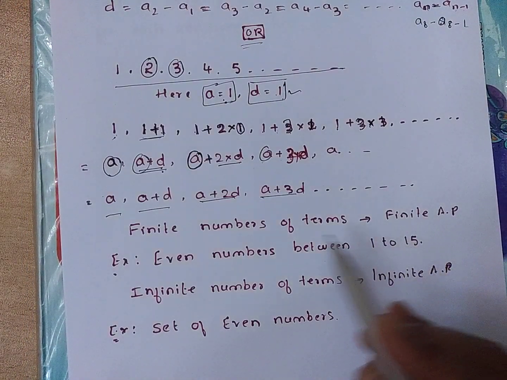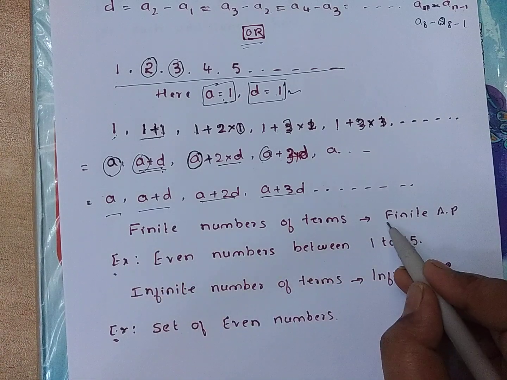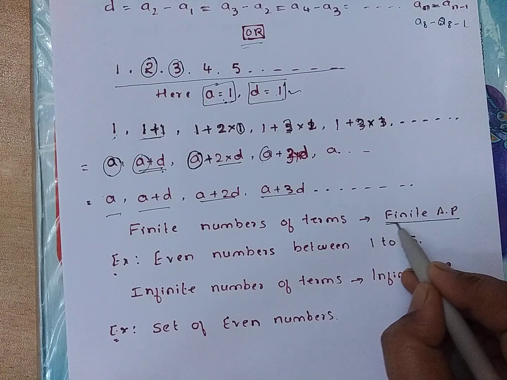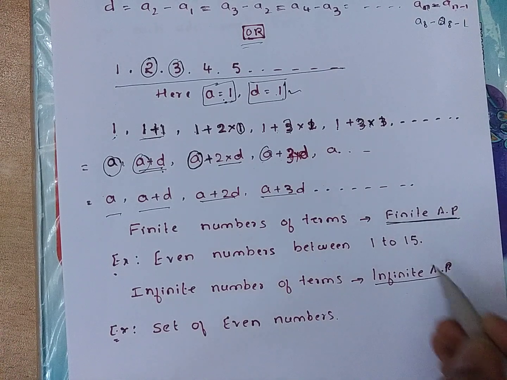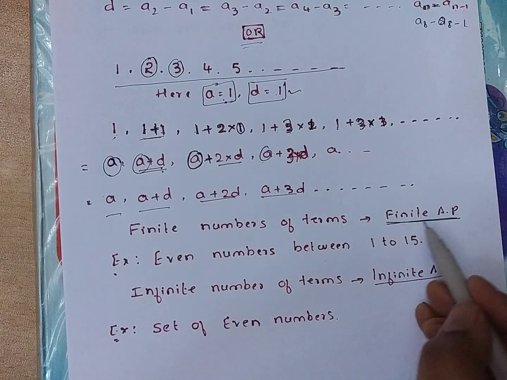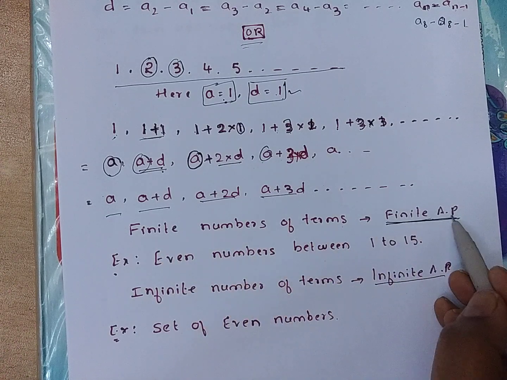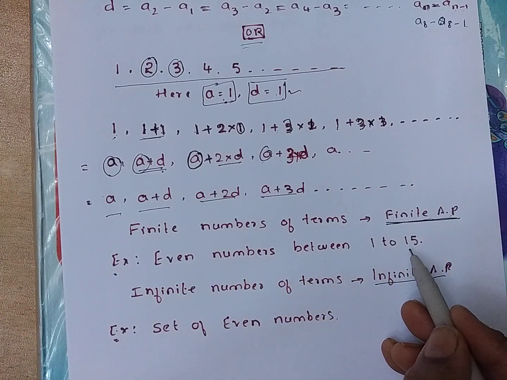There are two types of arithmetic progressions. One is finite AP. Finite means limited. The other is infinite AP. If a finite number of terms is given in the arithmetic progression, it is a finite AP. For example, even numbers between 1 and 15.